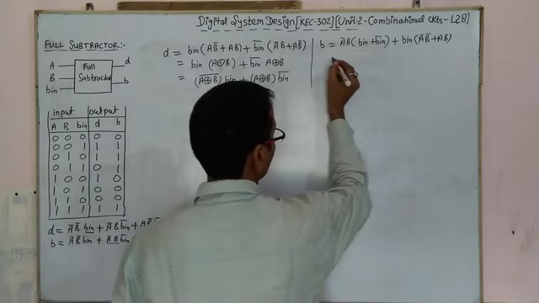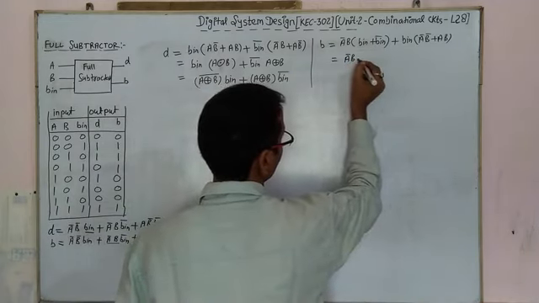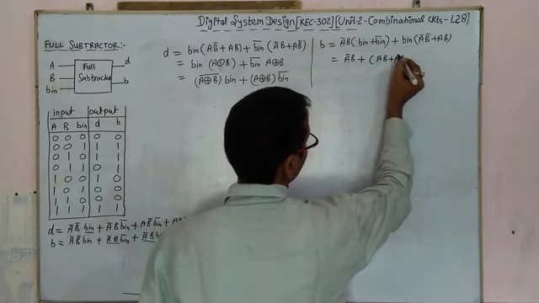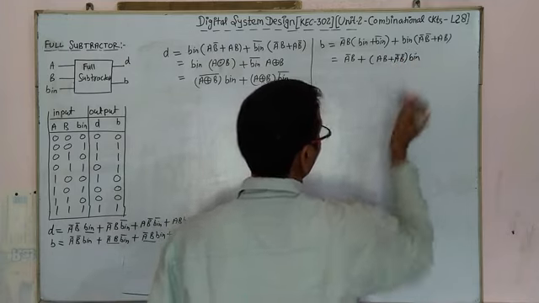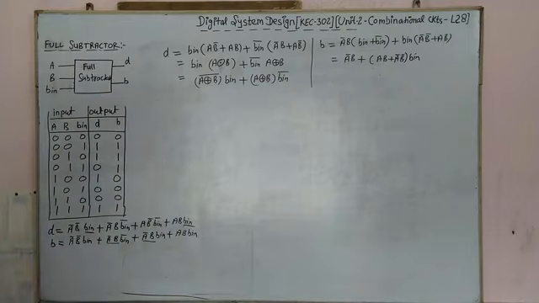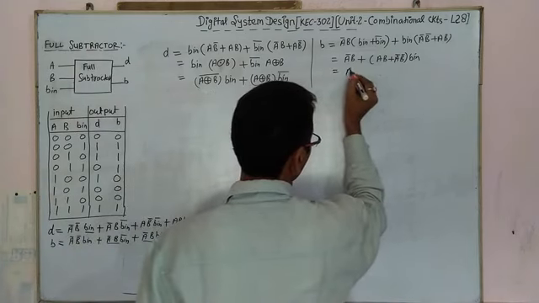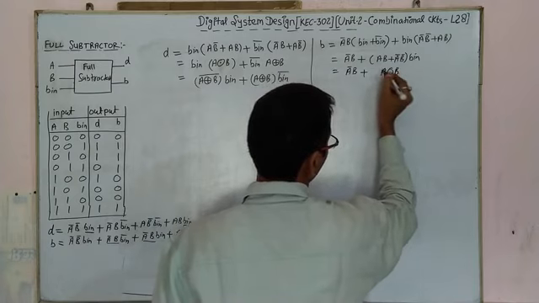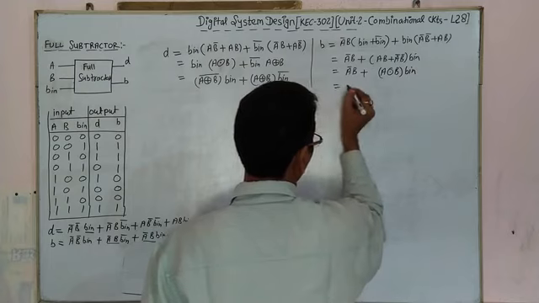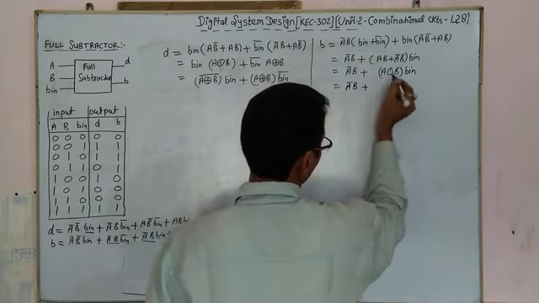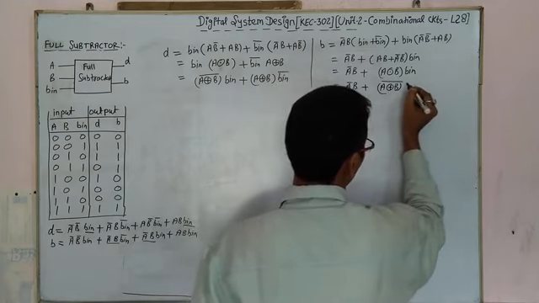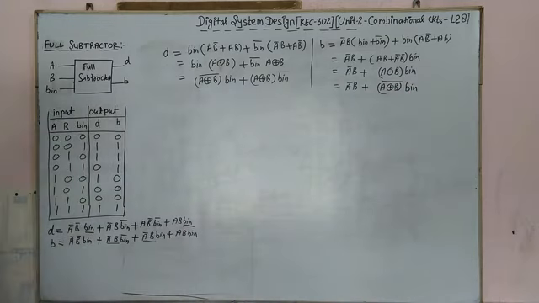B in plus B in bar is nothing but 1, so we get A bar B plus (A B plus A bar B bar) times B in. A B plus A bar B bar is the complement of A XOR B. So this is the final logical expression.